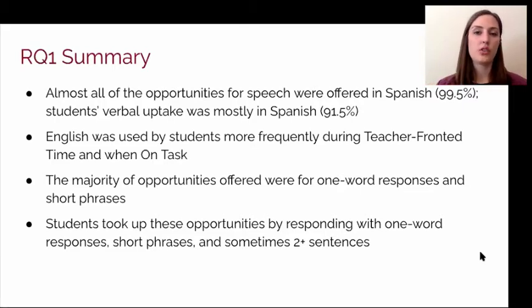So they may have been unsure whether the pause was because they weren't being understood, or they may have just felt like they weren't communicating well. The majority of opportunities offered were for one-word responses and short phrases, and students took up these opportunities by responding with one-word short phrases and sometimes 2 or more sentences.